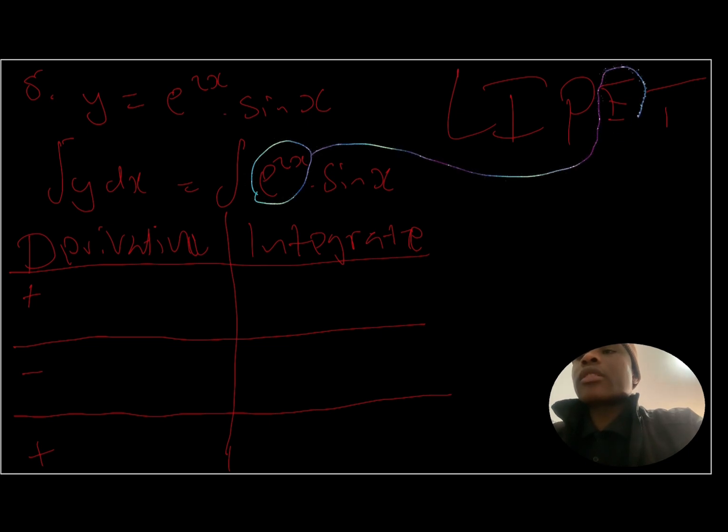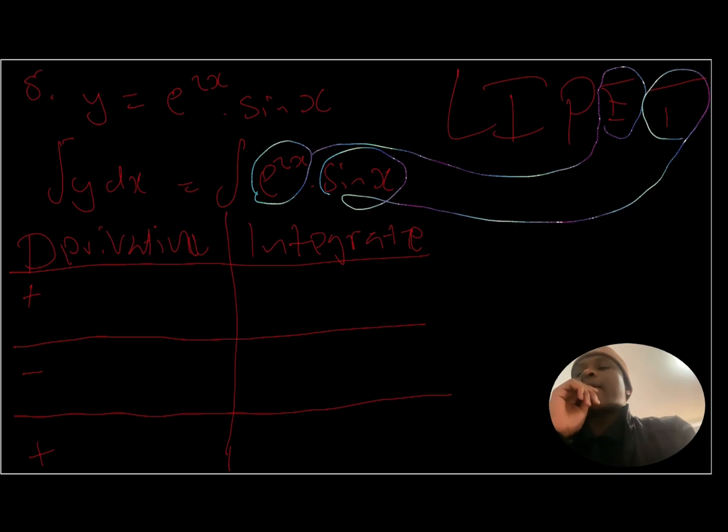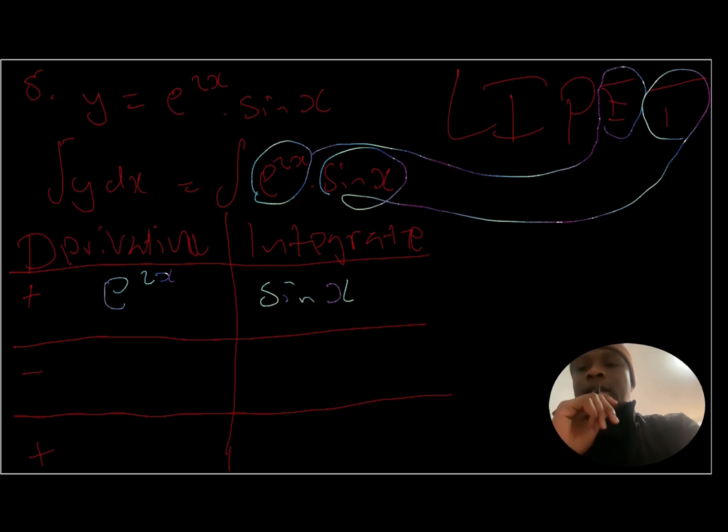Exponential is here, and then the trig is here. We see that the trig comes after the exponential, therefore the exponential will be the one we derive. When deriving an exponential, we derive it twice. We multiply by the derivative of the exponent, which is 2, e to the 2x.